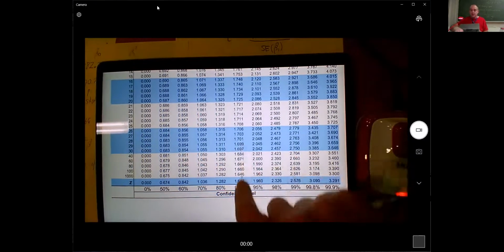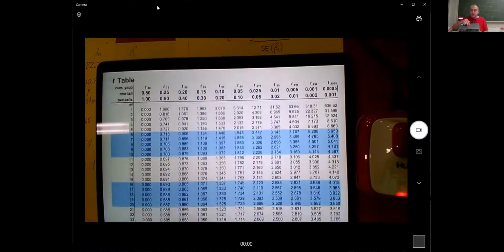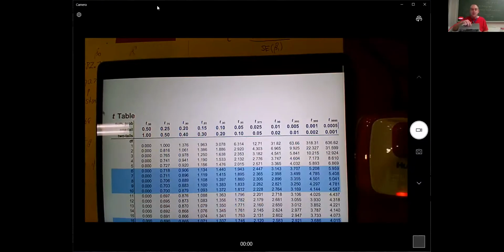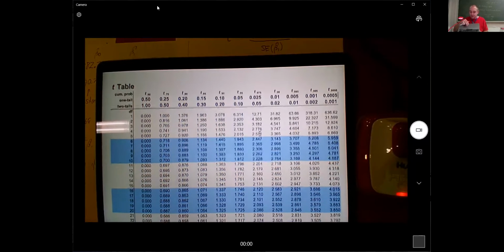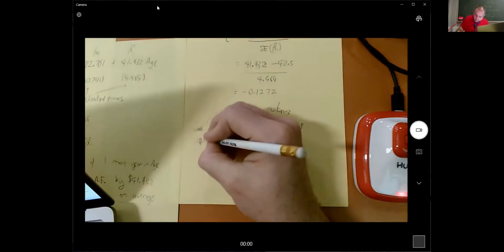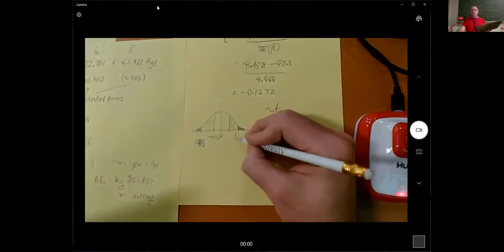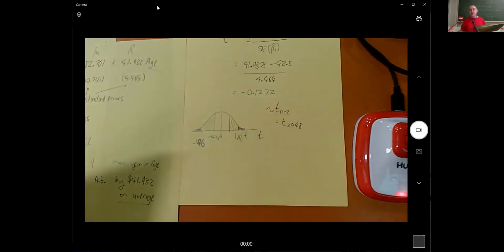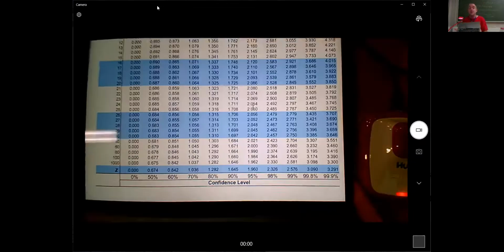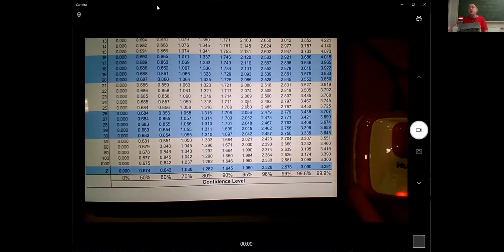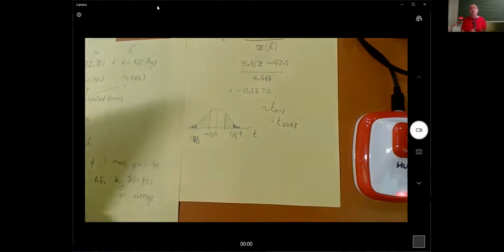So this table here says that to get exactly 0.05 with two tails, the value is 1.96. So if my t statistic had come out to be exactly 1.96 or minus 1.96, I would have gotten exactly a p-value of 0.05.